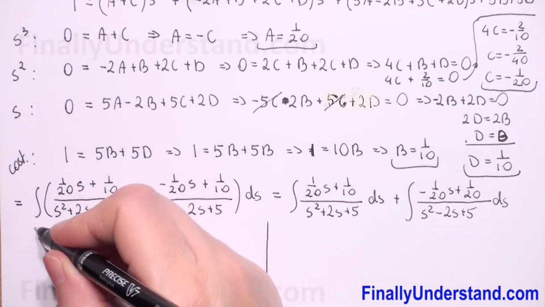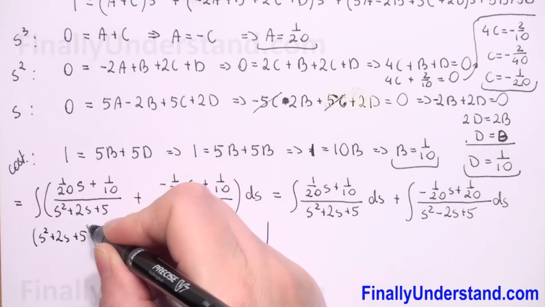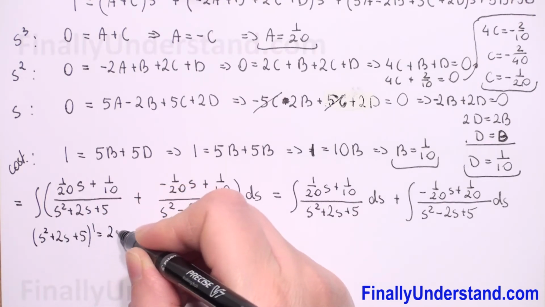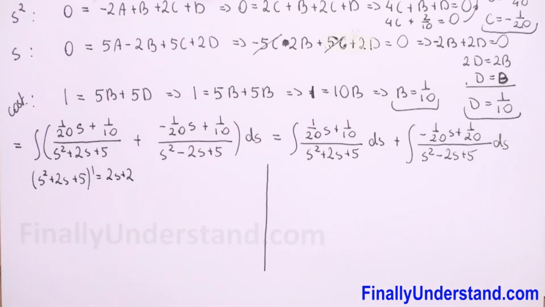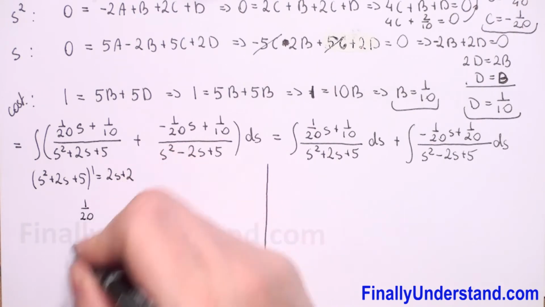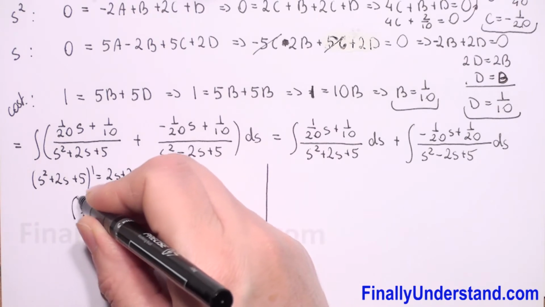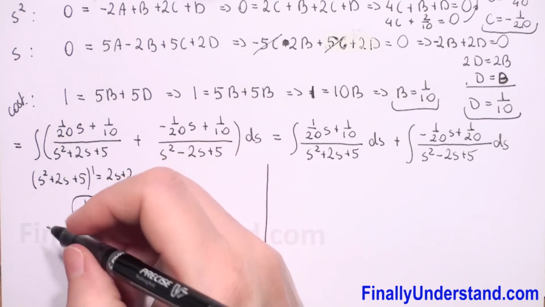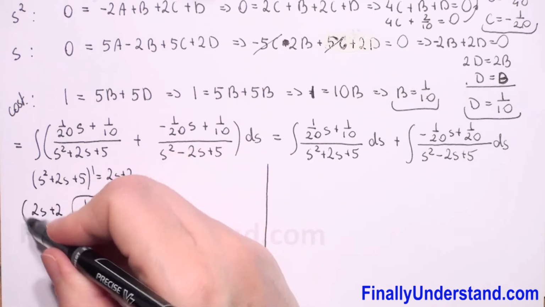We have to find the derivative of s squared plus 2s plus 5. This is equal to 2s plus 2. So now I will divide the numerator by the derivative of the denominator. So we have 1 over 20 s plus 1 over 10. We will divide by the derivative of the denominator, so by 2s plus 2.